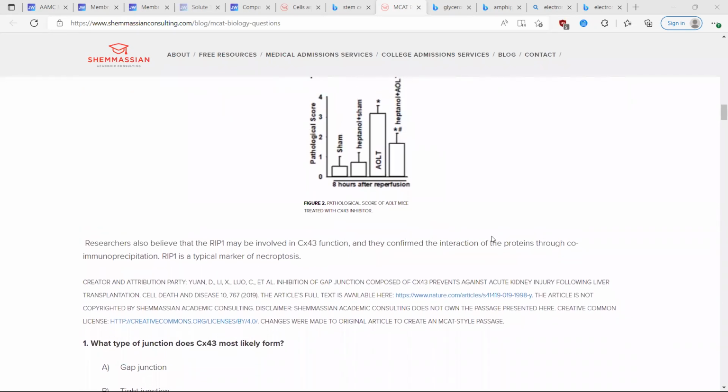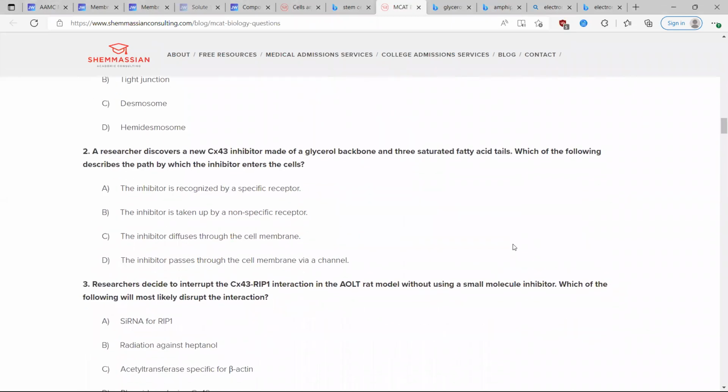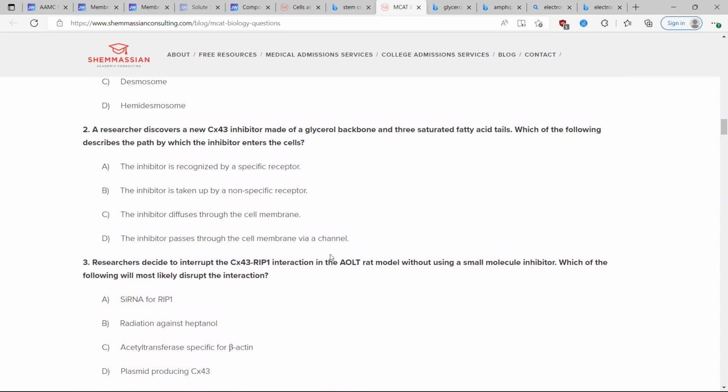So one thing that we got here is that they are proteins, right? They confirmed the interaction of the proteins. So these are both proteins, and that's going to make an impact on this question. Researchers decide to interrupt the protein interaction in the rat model without using a small molecule inhibitor. Which of the following will most likely disrupt the interaction?